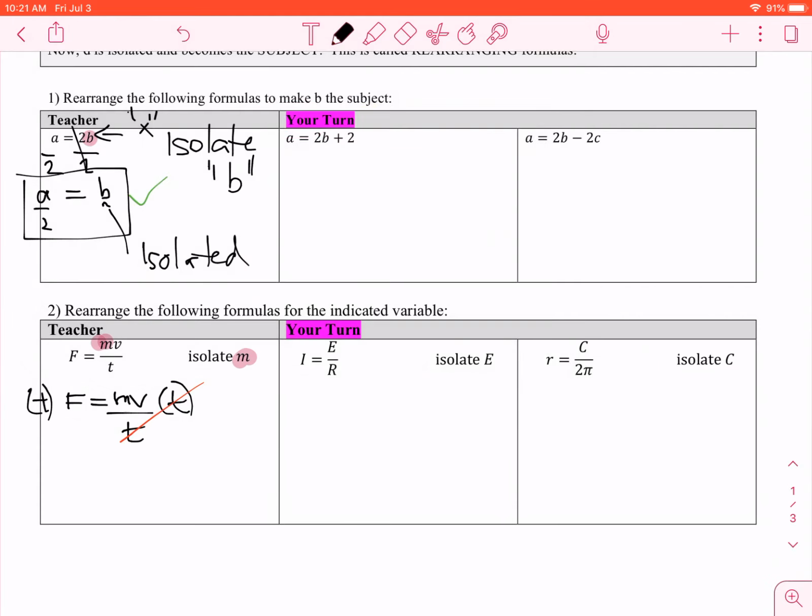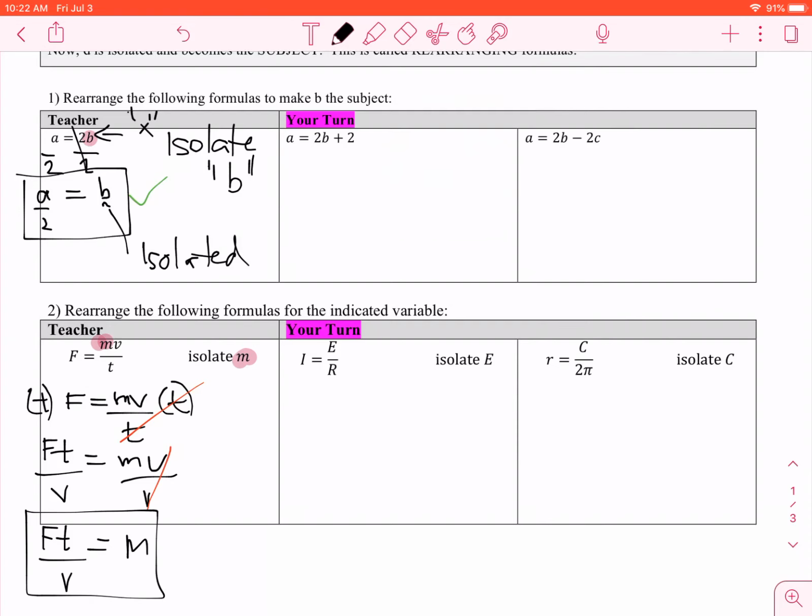I have t times f, or you know what, I could just use ft is equal to mv. Okay, and then to isolate for m, so again on the right side, that's multiplication. To undo multiplication, we divide. I'm going to divide both sides by v. Okay, so m will be equal to f times t divided by v.